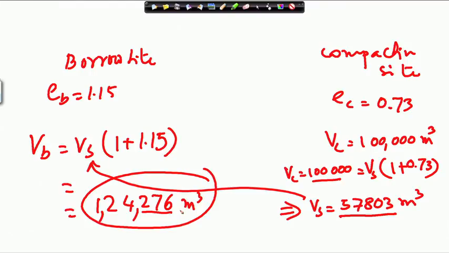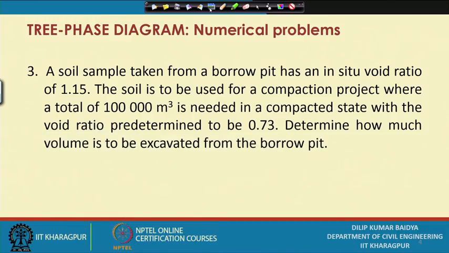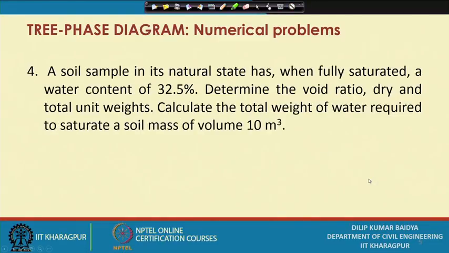Obviously, when it is loose, the volume will be more. That more volume, if you put in the site and then compact, then you will get the actual volume. So, this is the third application. Now, I will go to the fourth application.